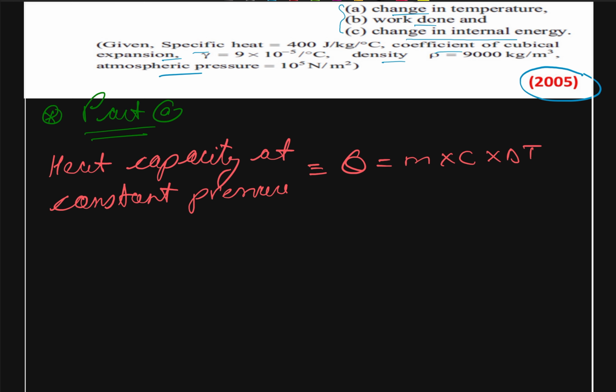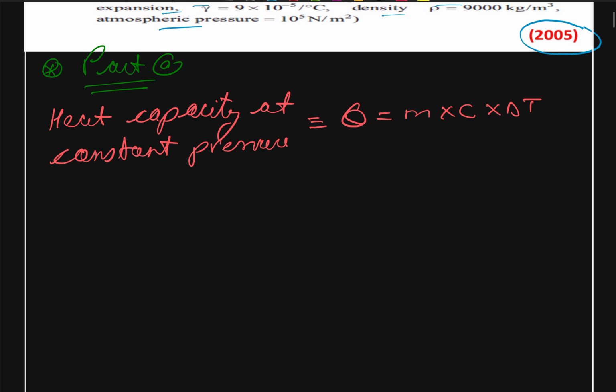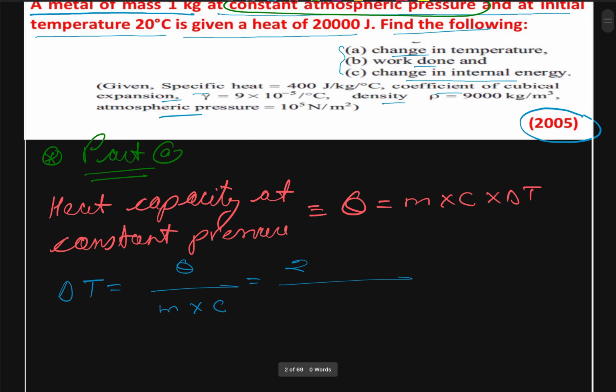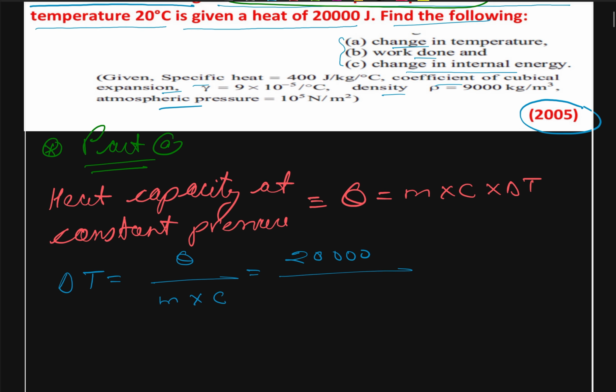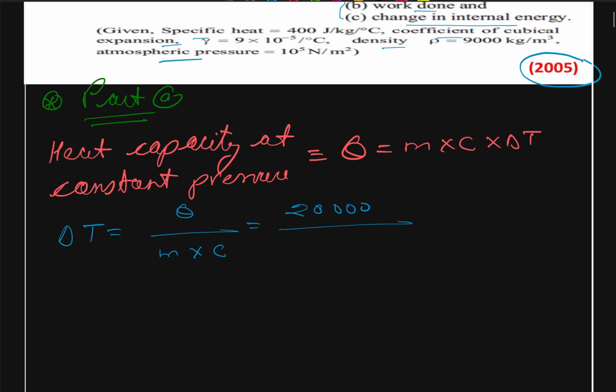We can rearrange it. We can say that our delta T will be equal to Q upon mass into specific heat, that is C. Q is given to us as 20,000, mass is 1 kg, and C is given as specific heat of 400.